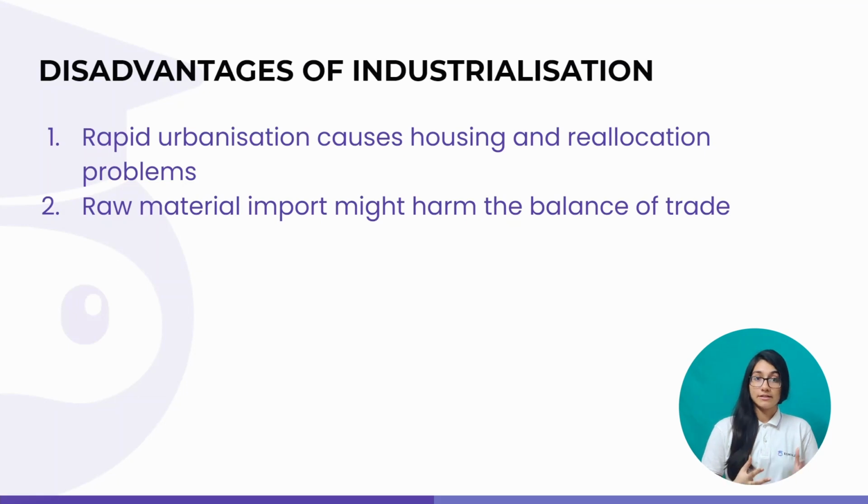So in order to get those raw materials, the economy might start importing those raw materials from other countries. And this might harm the balance of trade, which is the comparison between the imports and the exports, because now you are importing more raw materials from other countries. And it may be the case that the economy starts importing more than the final goods it is actually exporting.